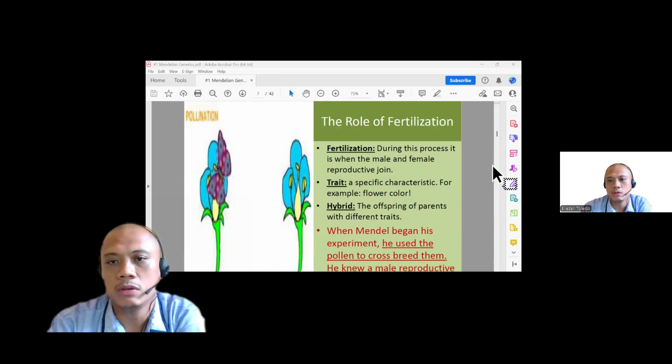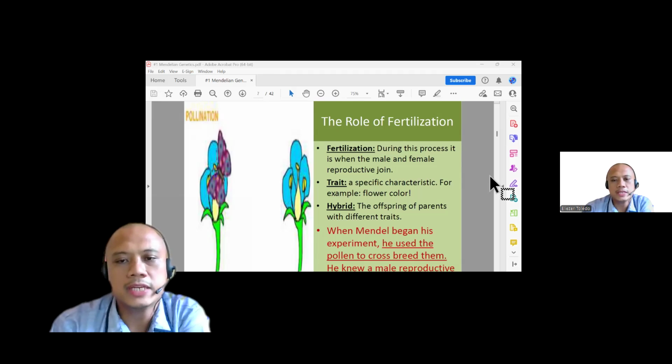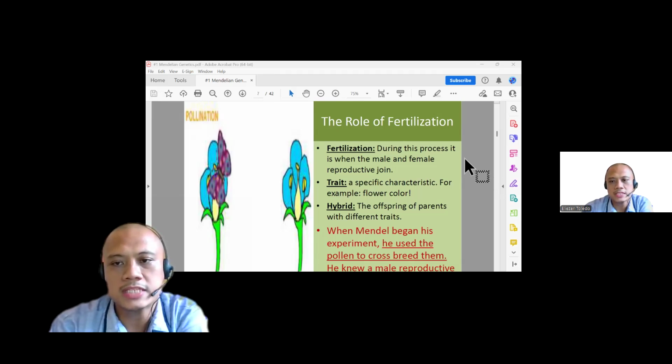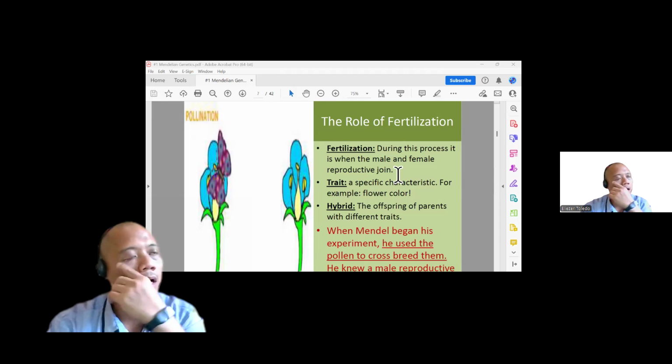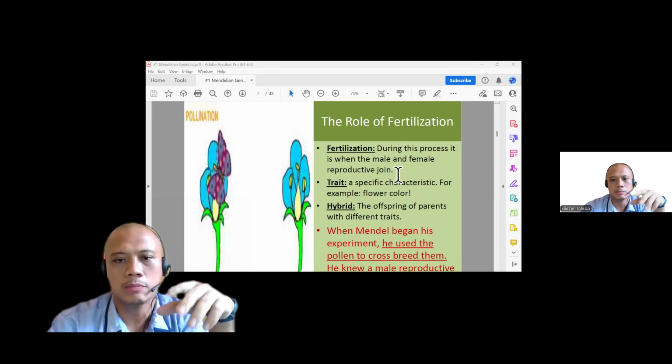Okay, the role of fertilization. Here comes the term again. Fertilization during this process is when the male and female reproductive cells would be joining together. Okay. Of course, we are commonly familiar with how a sperm and an egg would produce sperm for male and egg for female.